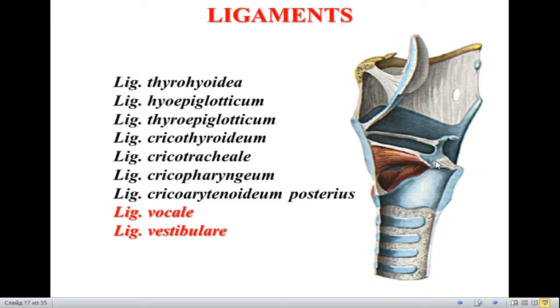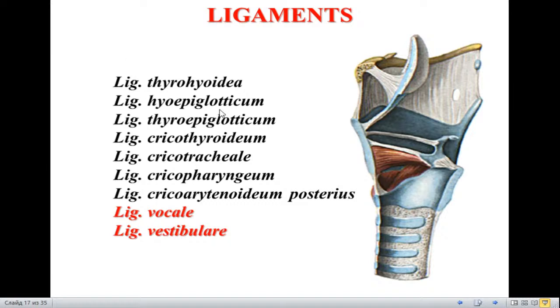Ligaments of the larynx are skeletal and proper ligaments of the larynx. Skeletal ligaments: thyrohyoid, hyoepiglottic, thyroepiglottic, cricothyroid, cricotracheal, cricopharyngeal, and posterior cricoarytenoid.